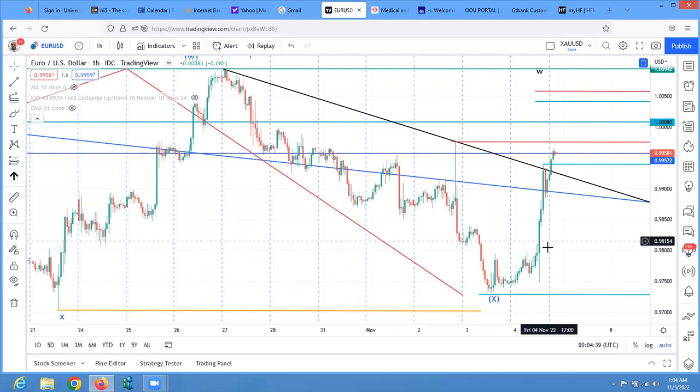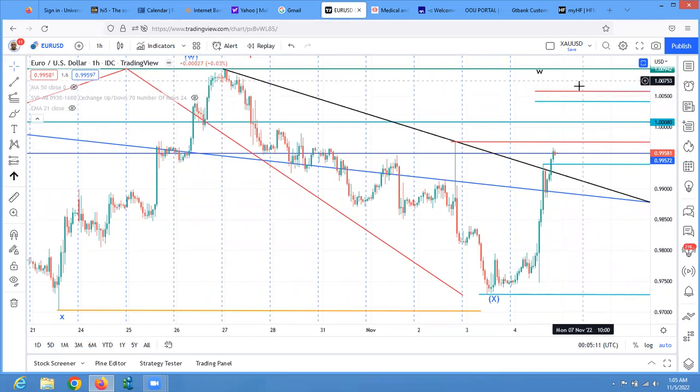On the 1 hour, you can see 1 and 2, and now a 3. I'm yet to see something that looks like a 3-2. I've not seen a 3-2. So this 3-1 should burn itself out, and probably at this level it might be reacting, or just slightly above it, to come more lower, to pull back to a 3-2 and a 3-3.